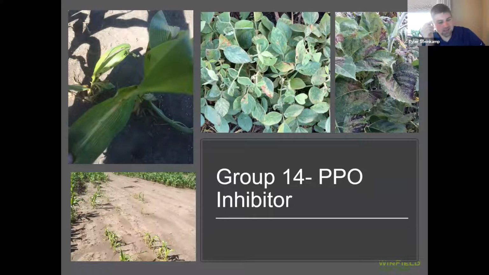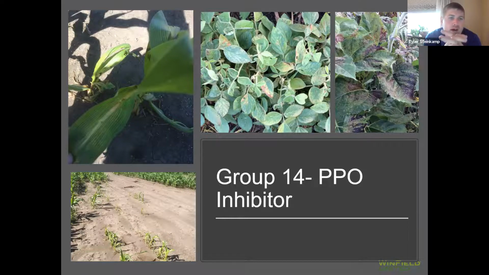One thing I will tell you guys, because every year I have one area of my territory that shows up with some sort of Flexstar damage from a little bit of carryover. Guys, it takes a lot of Flexstar damage to actually cause a yield loss. I can't tell you how many times we've had this issue and brought it to yield, and there's been no yield damage. If the plant recovers by about V4, V5, you're not going to see a yield loss.